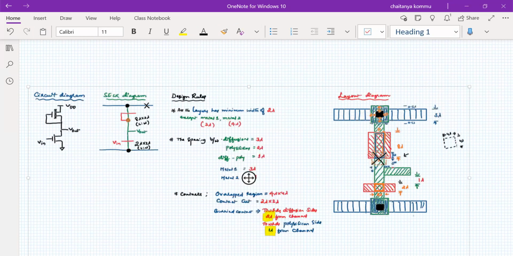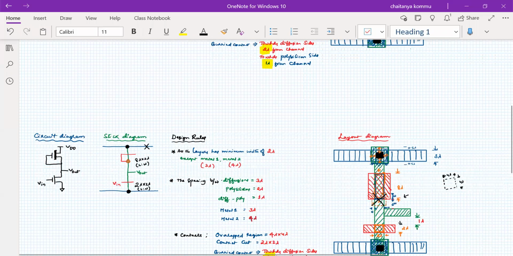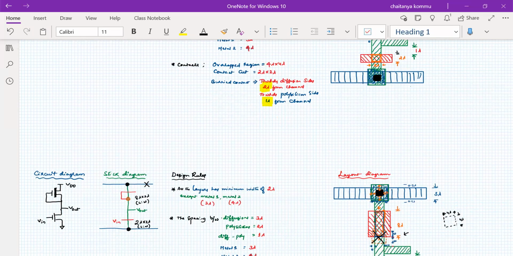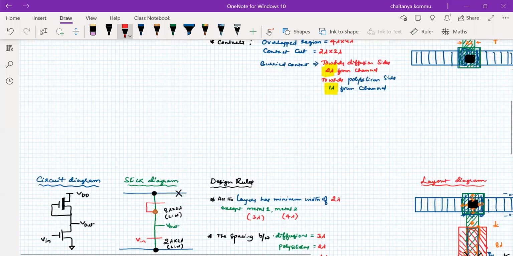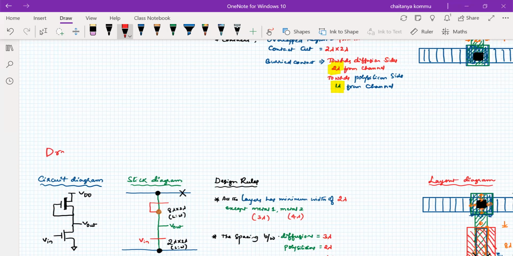Paste it here. Okay, so what I can write on top of it, just only the modification of layout diagram. So draw the layout for NAND gate, two-input NAND gate.